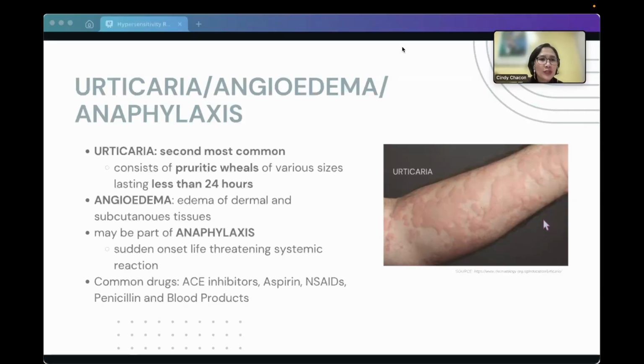So when you see urticaria in patients, the majority of these cases aren't actually triggered by drug reactions. Only 10 to 20% of them are triggered by adverse drug reactions. So you'll have to open up your differentials when you see urticarial lesions. This may also involve the respiratory and gastrointestinal system and even your mucous membranes.